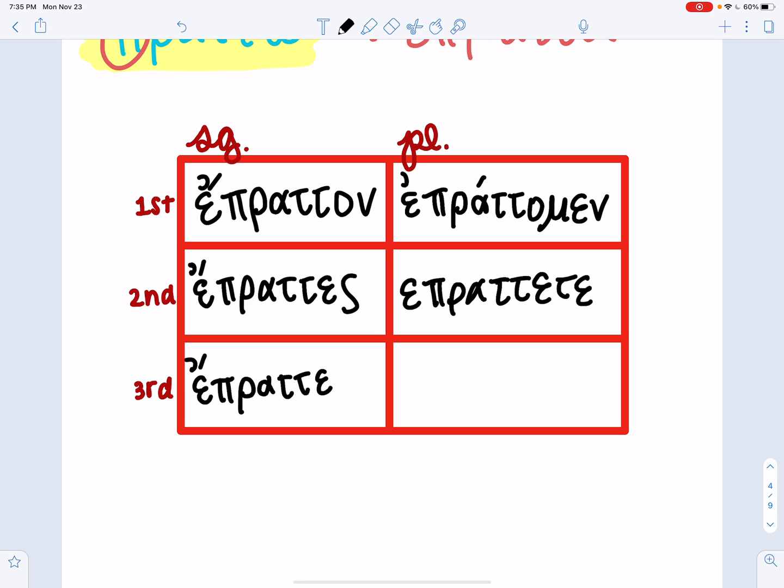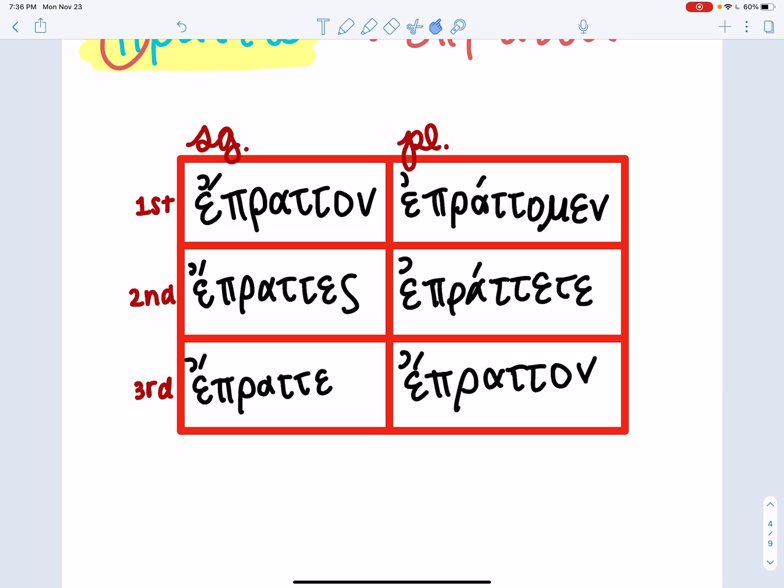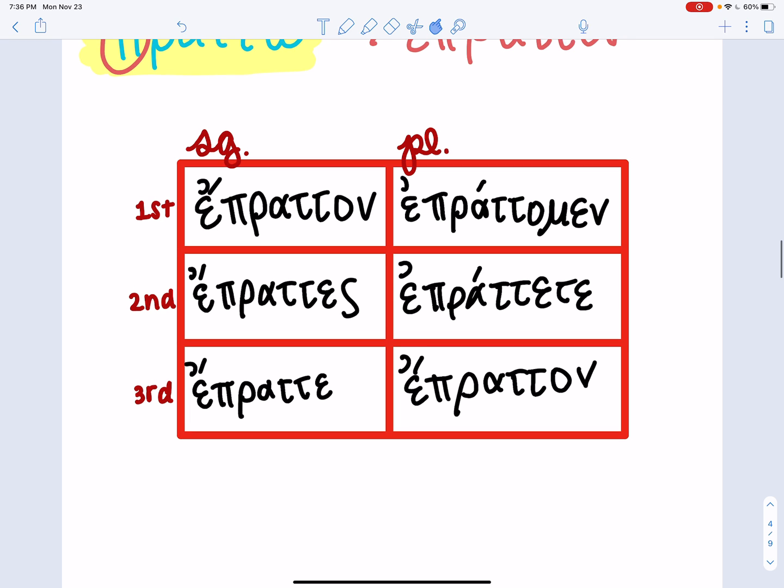Epratete. Smooth breathing, epsilon short on the end, so back 2 syllables to epratete. And then, third person plural, probably the easiest one, just matches our first person singular. So epraton. See, not too bad. Just got to learn those new endings and our augments.